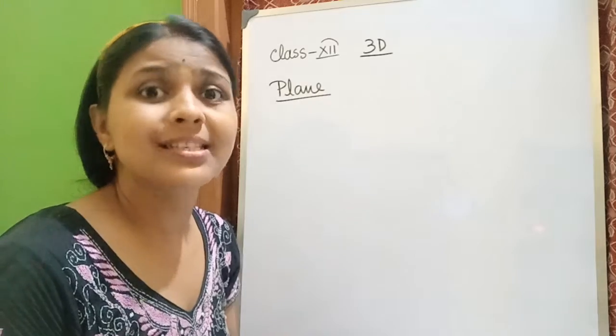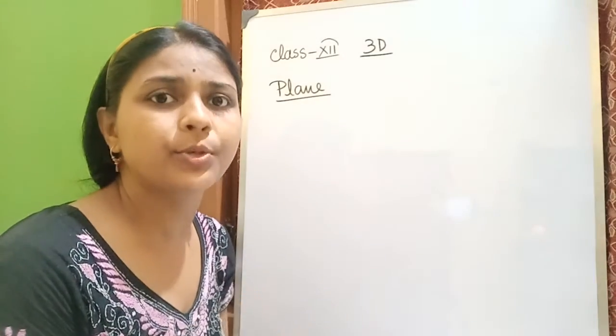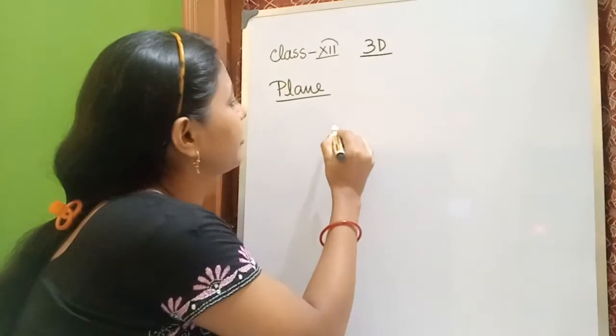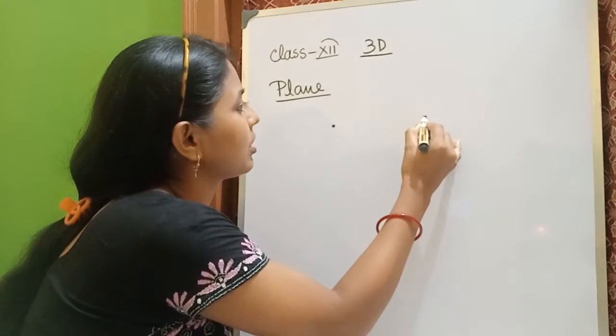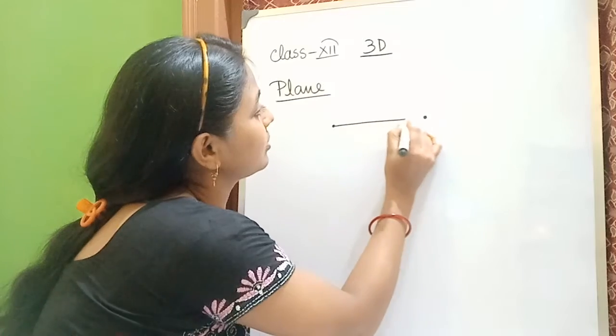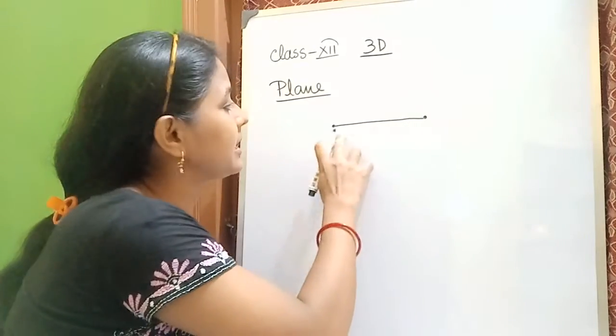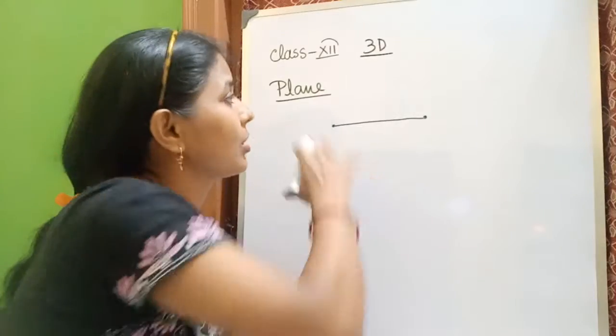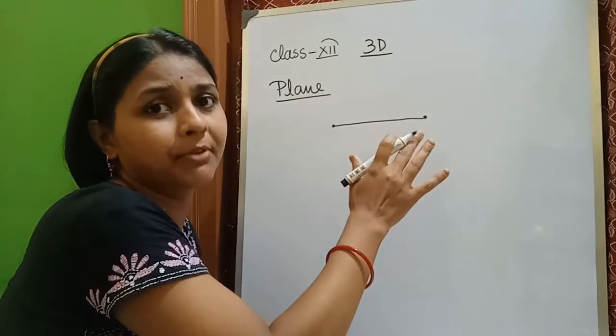A plane is a surface, like this board, on which if we take any 2 points, the line joining those 2 points also lies on the same surface.